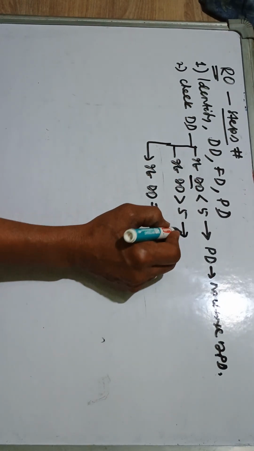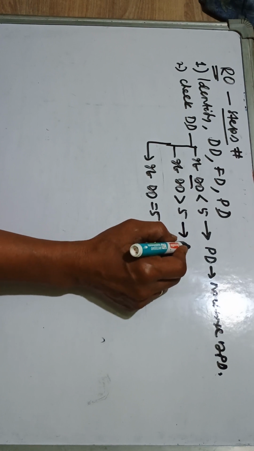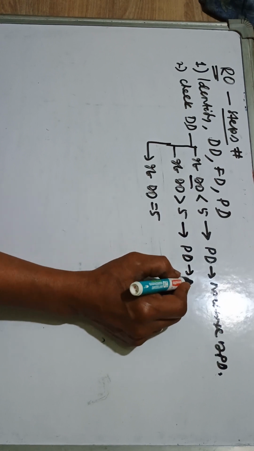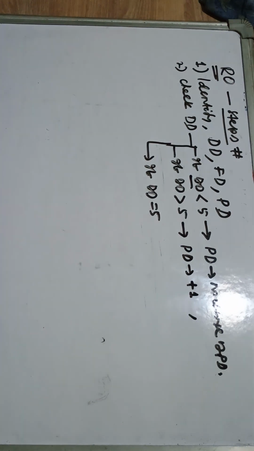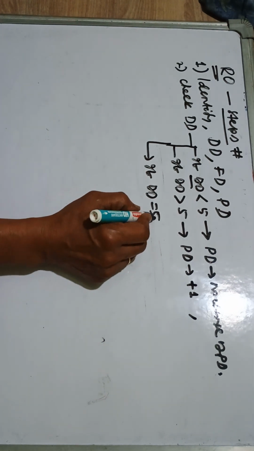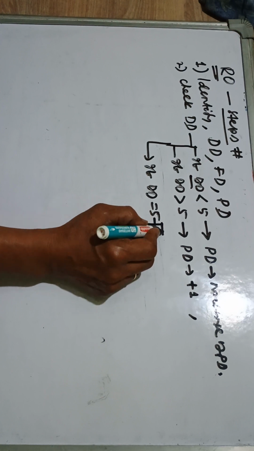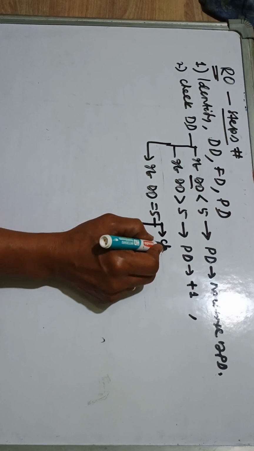If DD is greater than 5, PD will be increased by 1. Then drop this DD. If DD is equal to 5, we have two cases. Check FD.